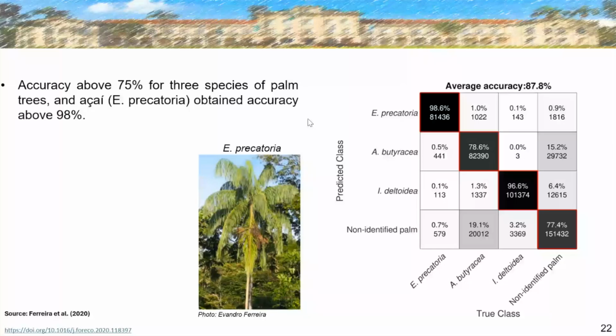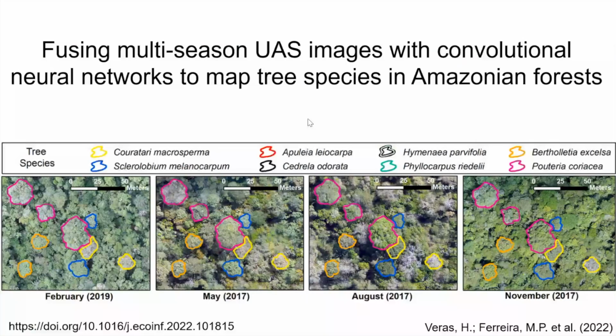In the same area, we also investigated the use of multi-temporal drone images to perform species discrimination. In this work, we also constructed a very robust individual tree crown dataset that was composed of images acquired in different seasons. And the main idea here is to investigate how we can combine the images to perform species discrimination.